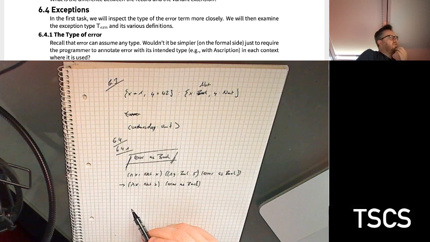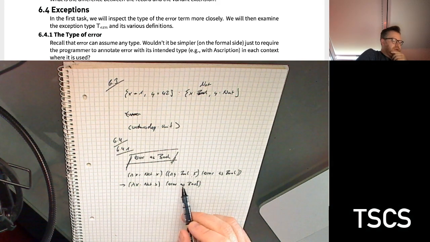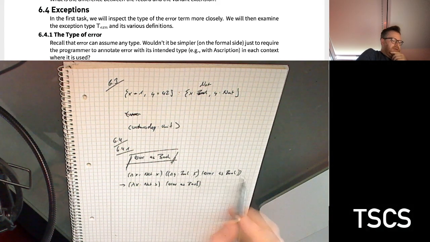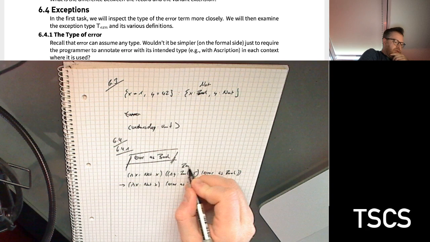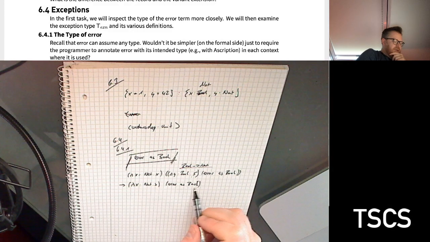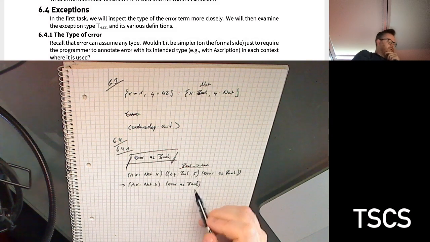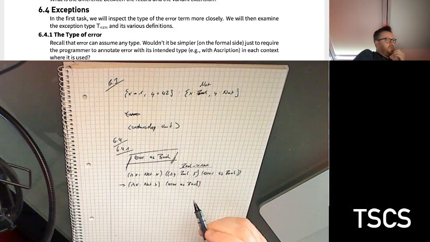So you also hurt progress, interestingly, but first you hurt preservation, because the type of this function is a bool to nat, as you see here. However, as you see in the result here, you would not get a natural number, you would get a Boolean again, and this hurts preservation.